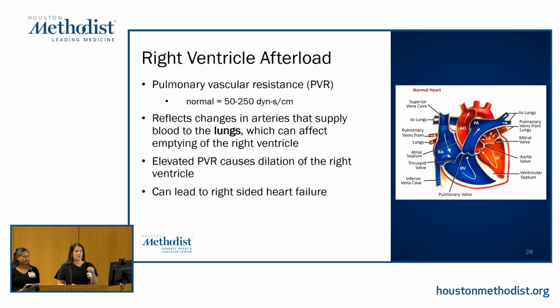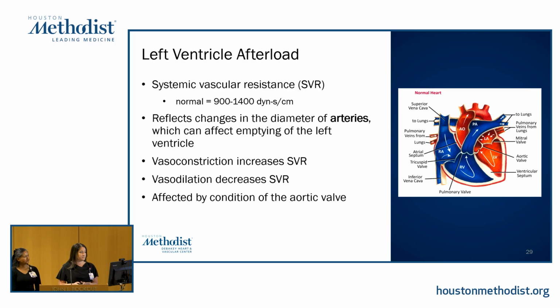This is going to reflect the changes in the arteries that supply blood to your lungs, which will affect the emptying of your right ventricle, right? So as you can see in the RV, as it's going in through the pulmonic valve into the lungs, if that is very high for whatever reason, it's going to cause that RV to stretch, thinking it can get stronger if it gets bigger, which it doesn't, and then it can actually lead to right-sided heart failure.